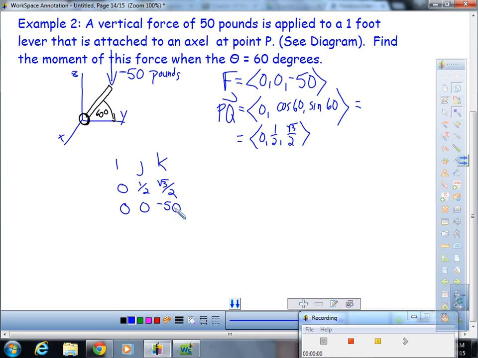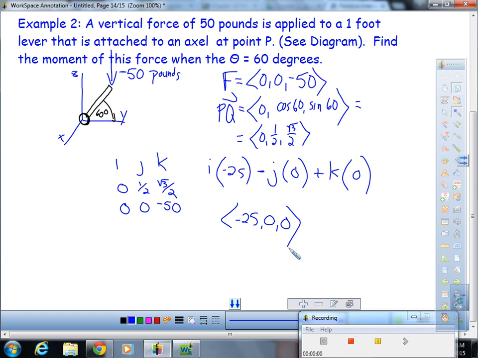Okay, so i times negative 25, minus j times 0, plus k times 0. So the resultant vector is negative 25, comma 0, comma 0.